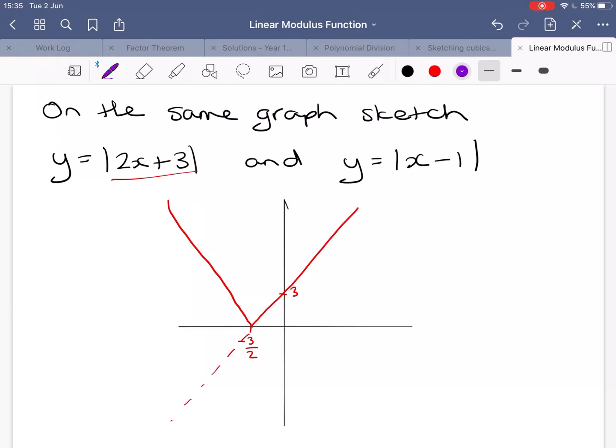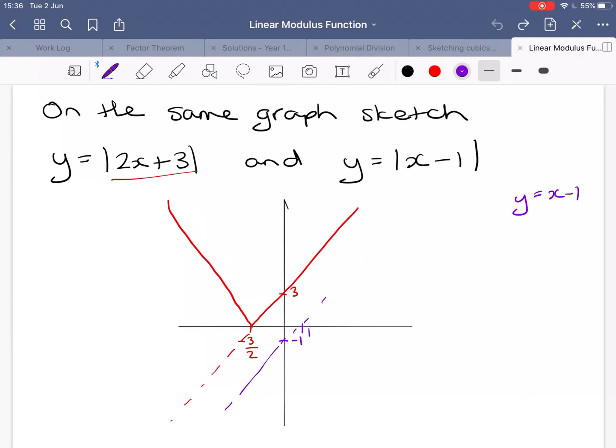Now look at the next one, y equals x minus 1. Right, this would cross at -1, and the modulus of y equals x minus 1 is going to cross at 1, so it's going to look something like this. Now again, is it steeper or shallower?